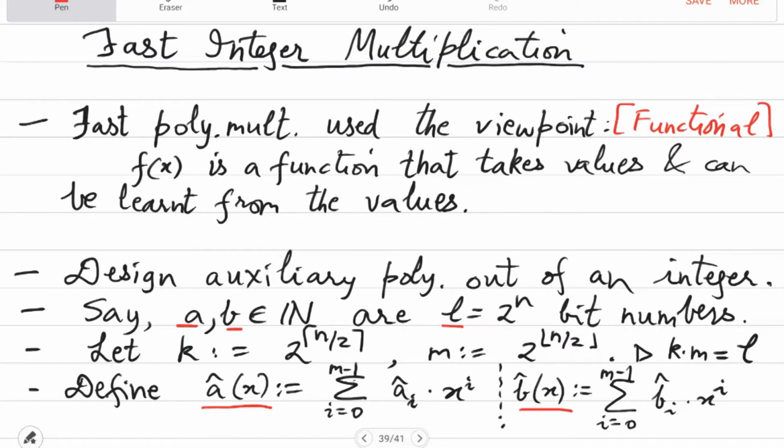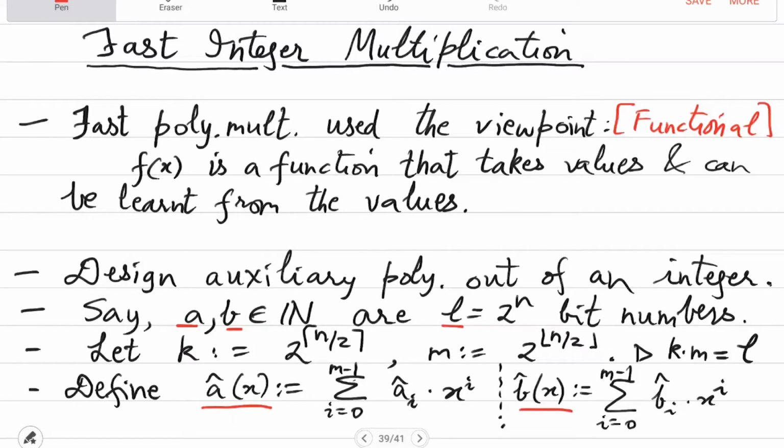And as expected, we convert a into a polynomial. So we break it into essentially square root L chunks, where each chunk has square root L bits. So these square root L bits give you coefficients. So you have a polynomial called a hat x, and similarly b hat x.